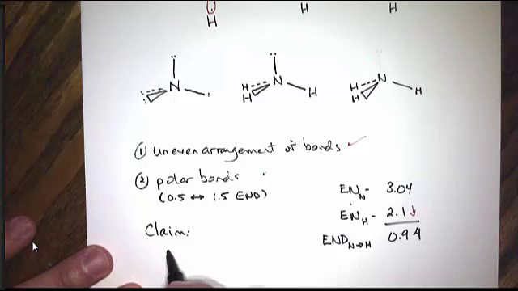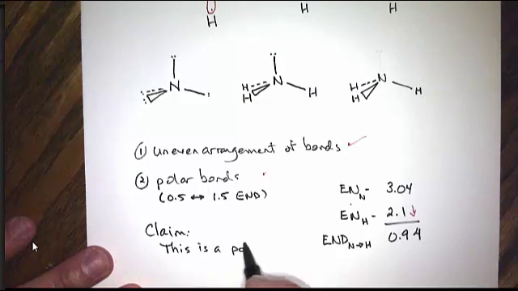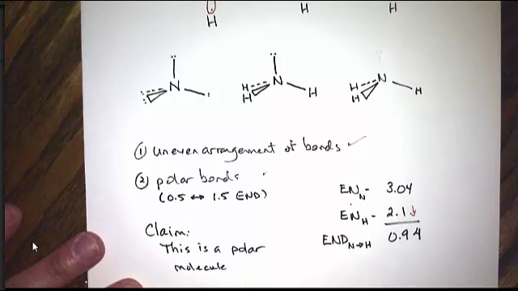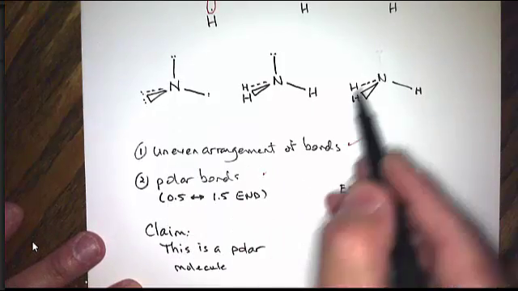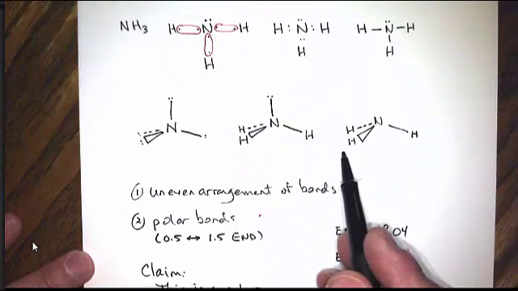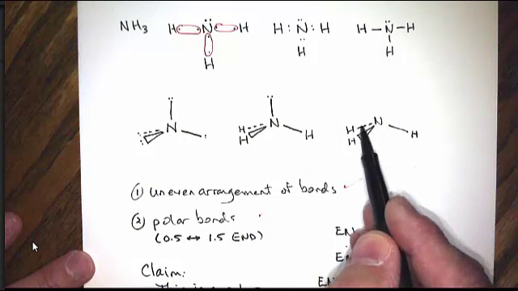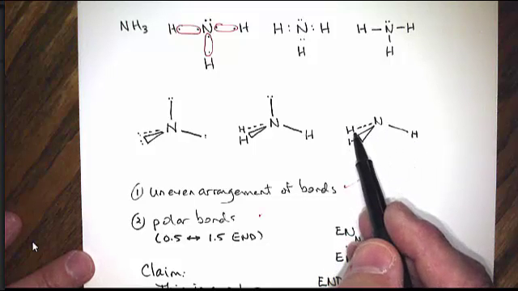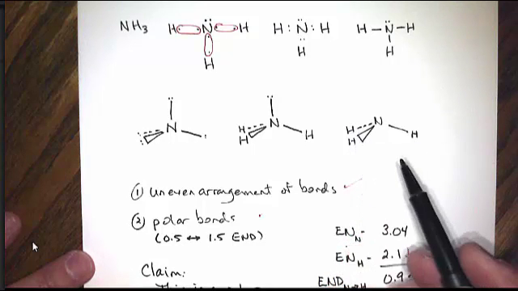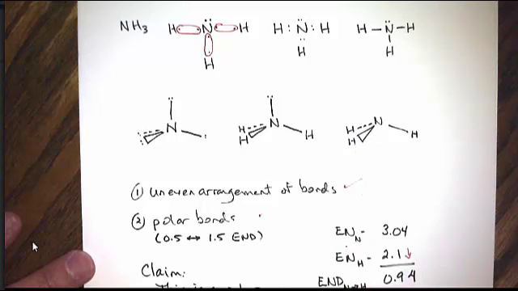The claim is this is a polar molecule. Okay, the evidence is that when you determine the shape of the molecule, you can see that it has this trigonal pyramidal shape, and that's an uneven arrangement of bonds. Further, the electronegativity difference for those bonds is 0.94.